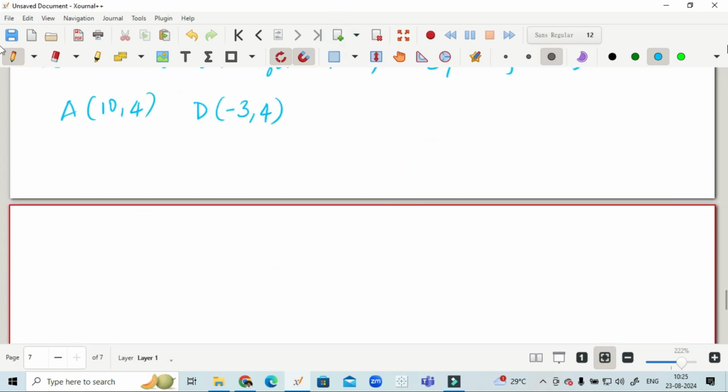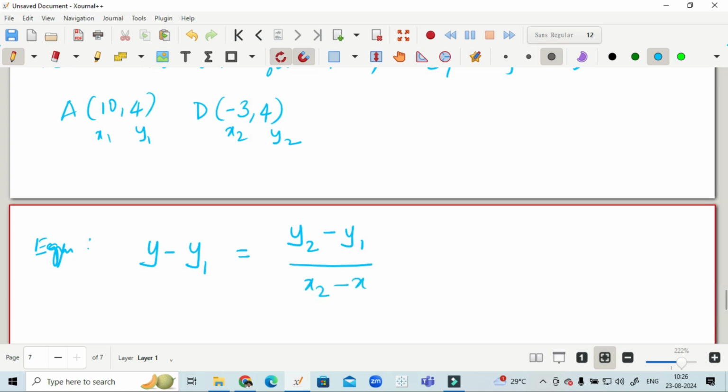Similarly, this is (x1, y1) and this is (x2, y2). The equation is y minus y1 equals (y2 minus y1) by (x2 minus x1) into (x minus x1).